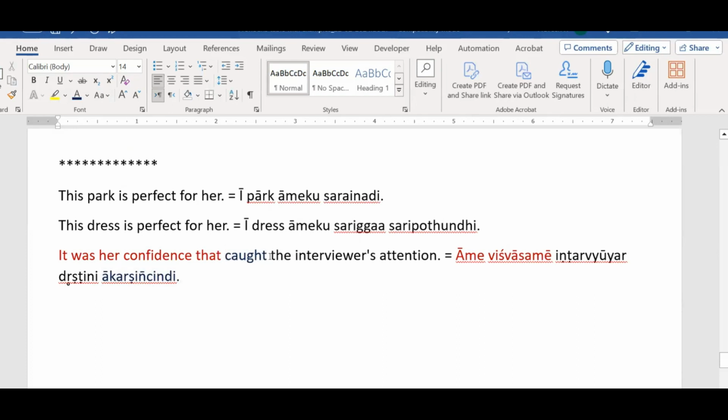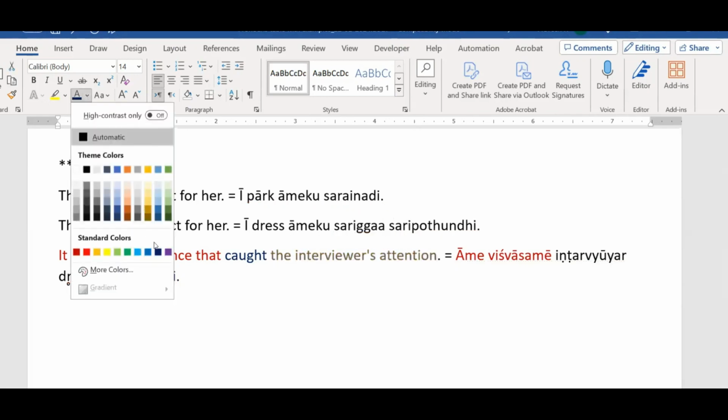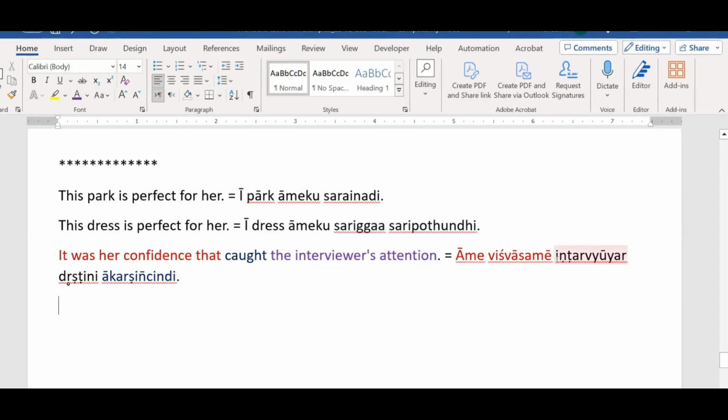The interviewer's attention means "interviewer drishtini". Attention means "drishti" and "ni" is the suffix. This is a rare situation to use it like this, but "caught" has different meanings also, like "pattukonu", "pattubaddadu". But in this context, we can say "caught".